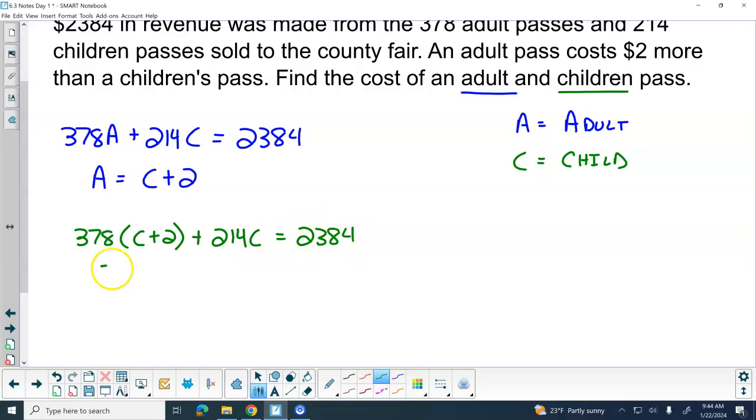What do we got? 378C plus, somebody with a calculator, 378 times 2. 756.